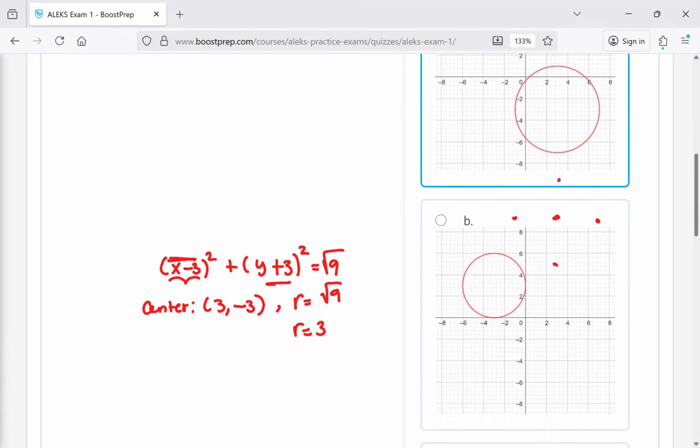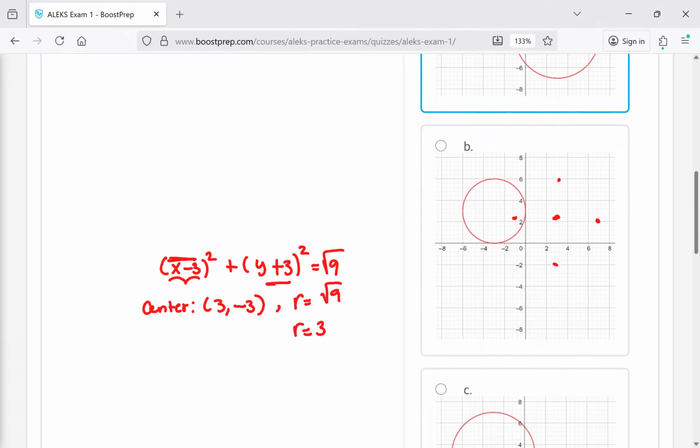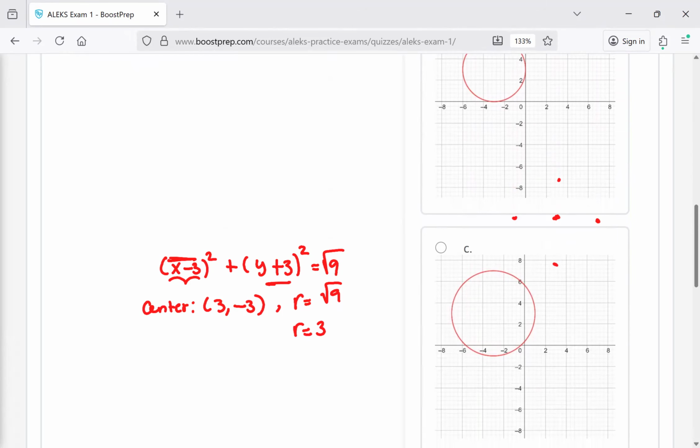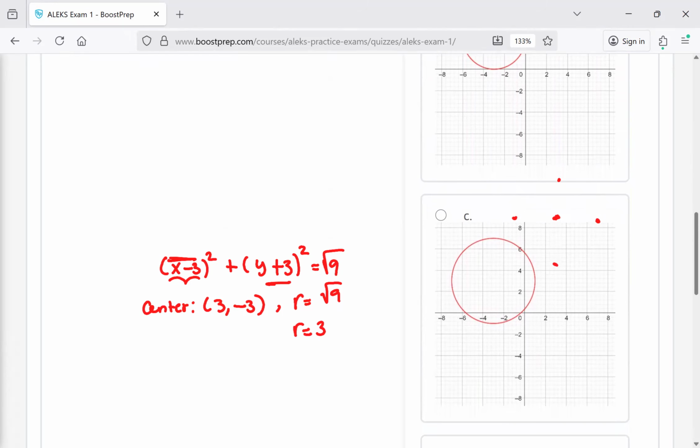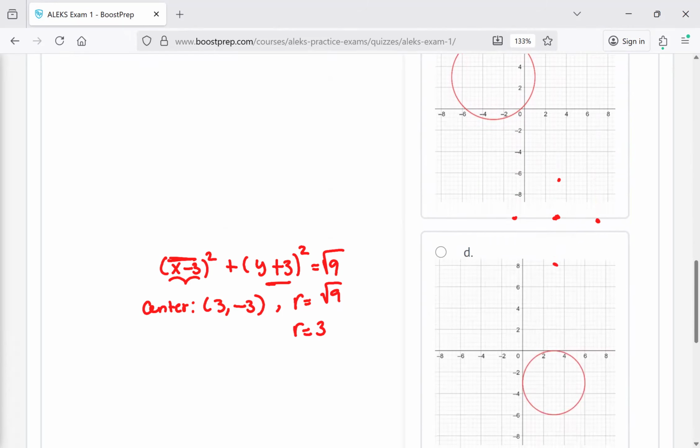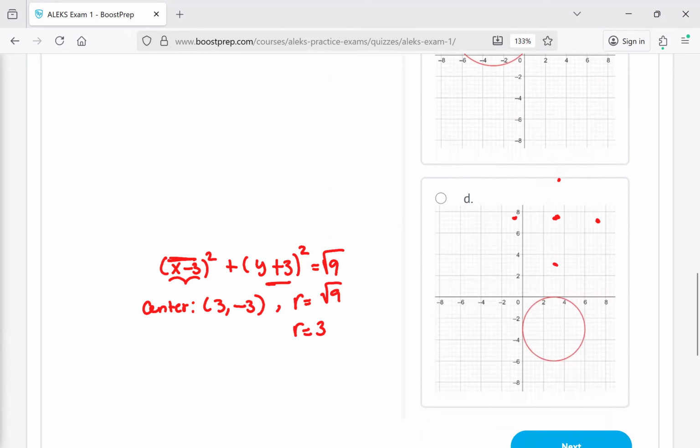Is it B? No. Our center is +3, -3. Is it C? No, because the center should be +3, -3. Is it the last one? Oh, it does have a center 3, but from this center, as you can see, here's 3, -3.